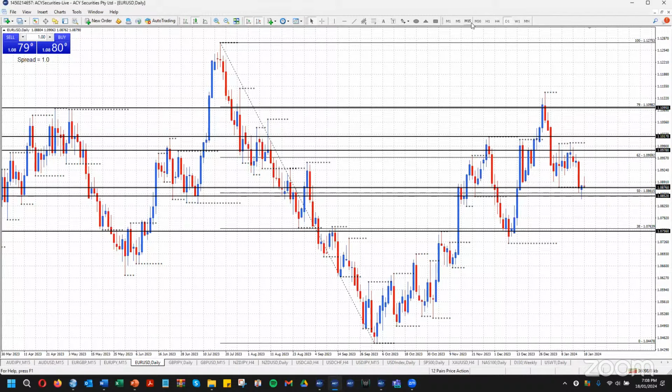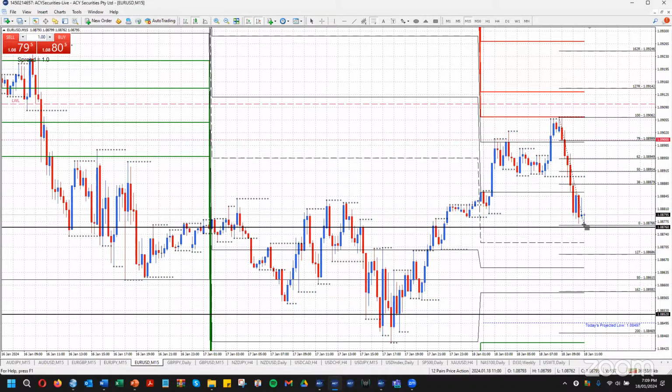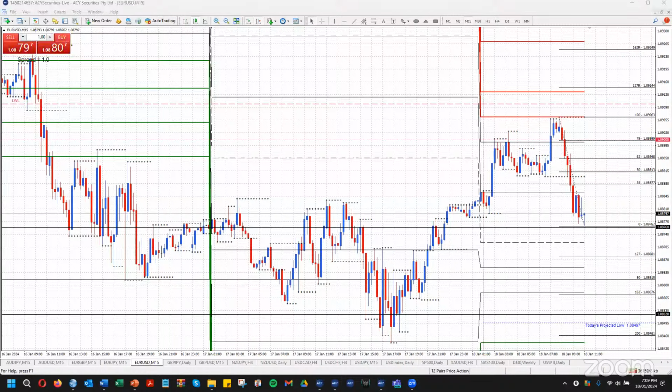On the other side of the coin, if we're not able to get any kind of strong rally, then we may be failing at 109. So whilst there could be an opportunity here for your setup to buy, there could be a minor head and shoulder pattern here on the 50-minute chart. Let's get my drawing tool in.